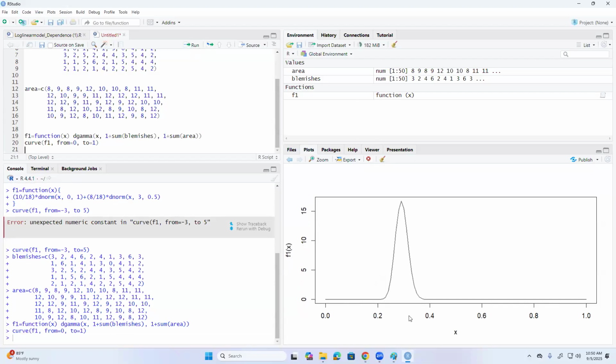So this is your posterior distribution. This is how the posterior distribution looks.